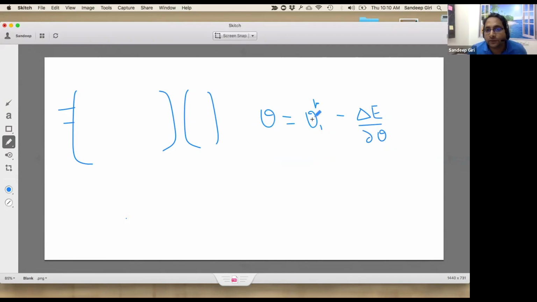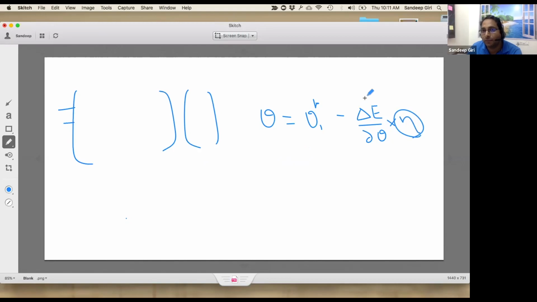So theta equals theta previous multiplied by some constant called eta. This is a constant. I'll describe what it means again. If this is too much, we'll keep on jumping too much. If this is too small, we'll go in slow steps. It basically describes the learning rate: how fast we want to converge.